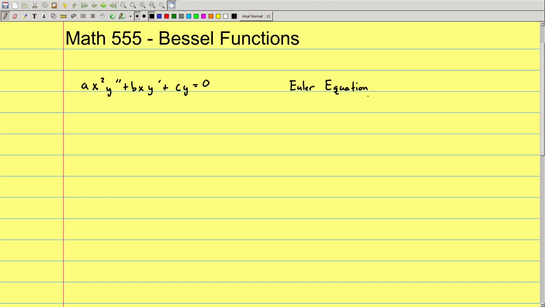What's noteworthy about this particular type of equation is that if I rewrite it in terms of its standard form, that is dividing by that first coefficient, what we get is the prototype for what it means to be a regular singular point.